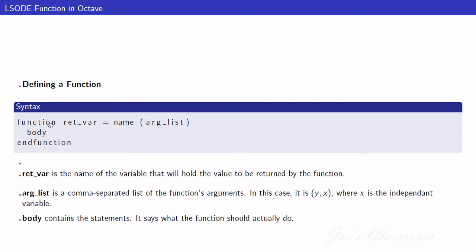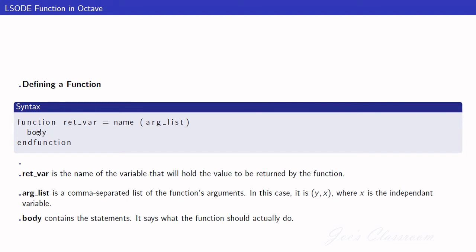Apart from that, in the function statement, you will have two more things. One is the name for the function, it can be anything, and another variable in which you want to store all the computed values.